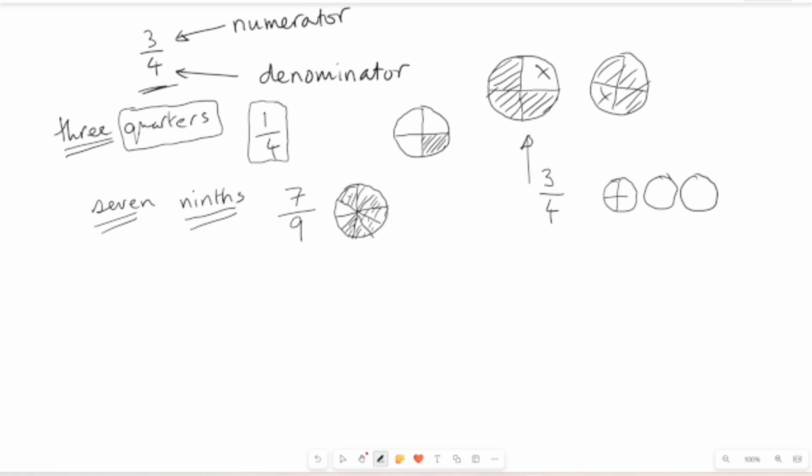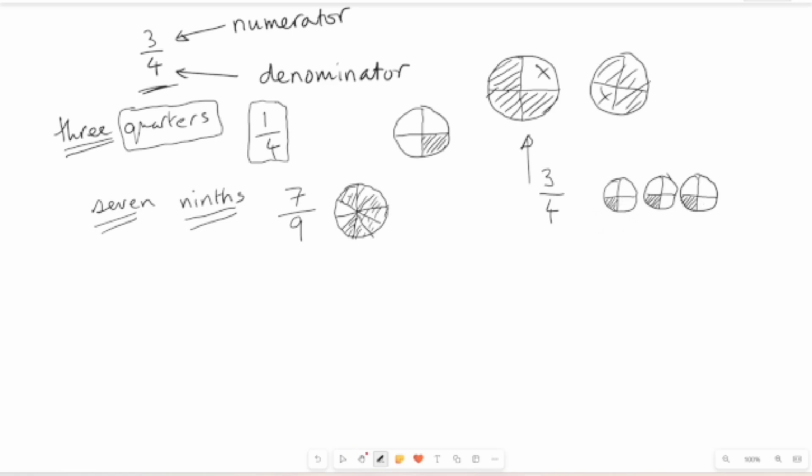So if we divide 3 by 4, one way of doing that is to just simply divide each of these cakes up into 4 and then share those out equally between 4 people. Each person, first cake will be divided amongst 4. Any particular person is going to get 1 slice of that cake. The next cake, they'll get another slice from that one, and the last one, they'll get another slice from the last cake.